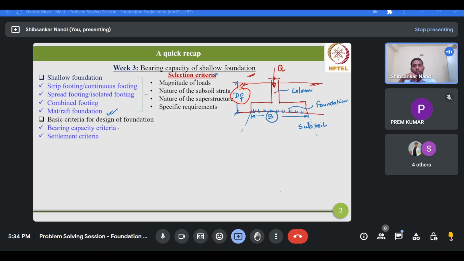So from the bearing capacity criteria, we will be ending up with what is called the safe bearing capacity. Okay, safe bearing capacity. We'll explore what is meant by this safe bearing capacity. And from the settlement criteria, you will be getting what is called safe bearing pressure.